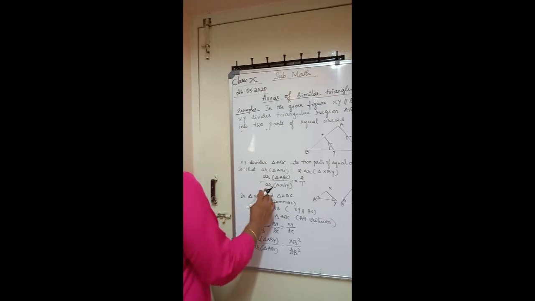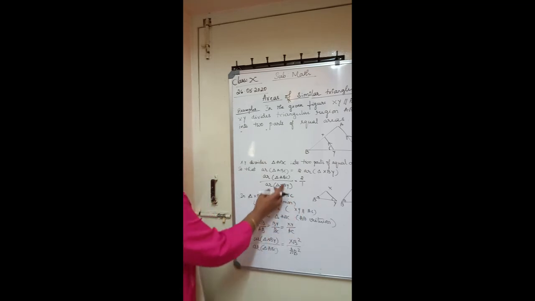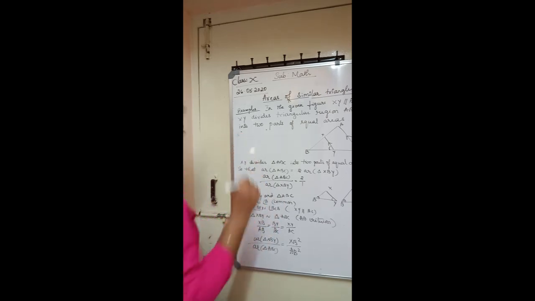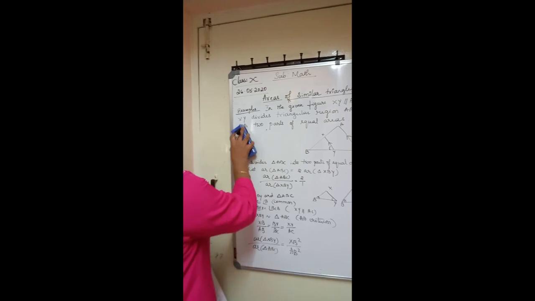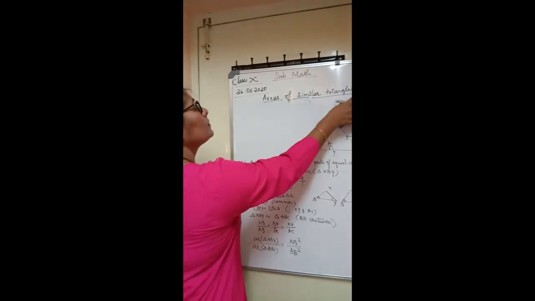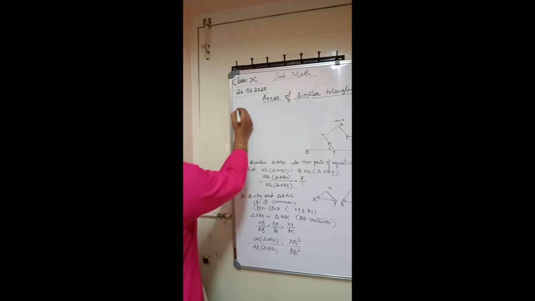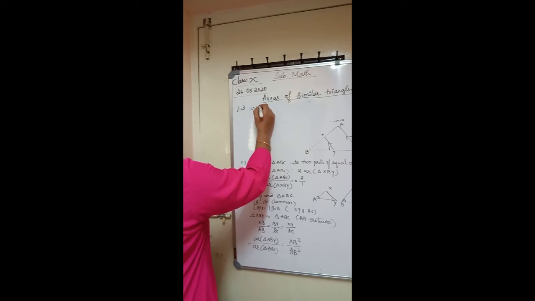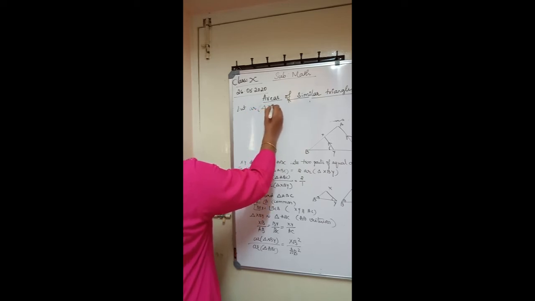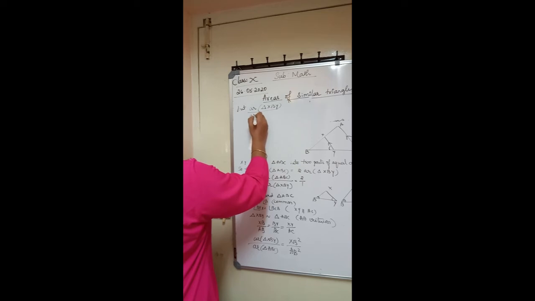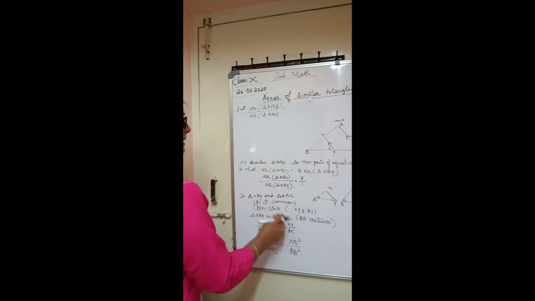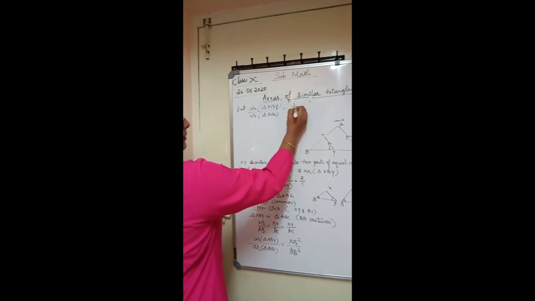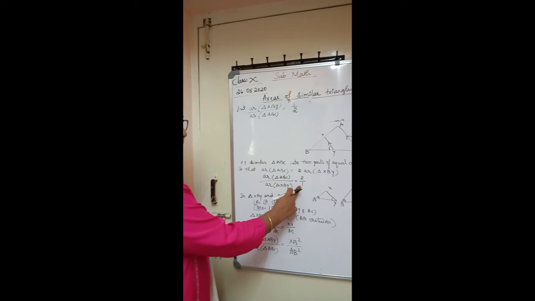Now, area of triangle XBY by area of triangle ABC, which is 1 by 2.